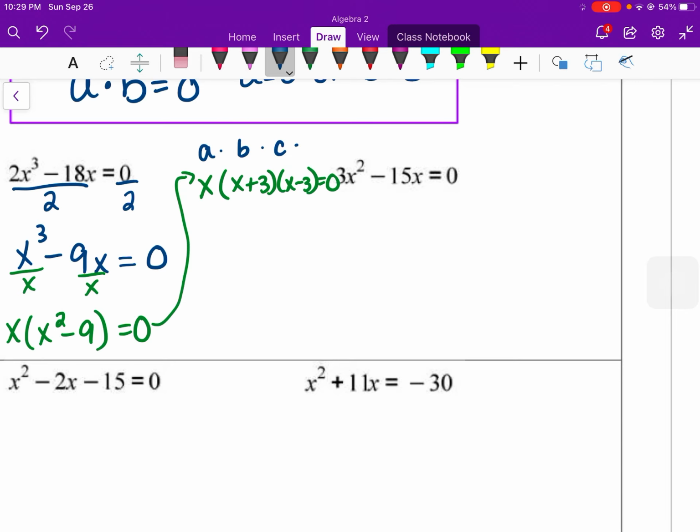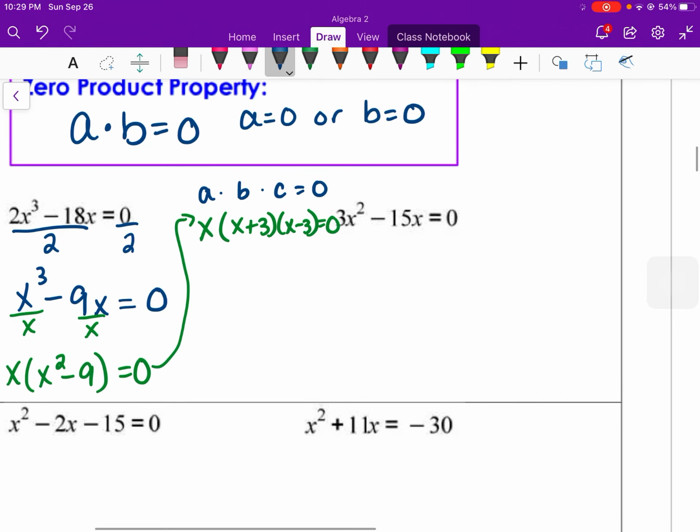So now we have an a times a b times a c equals 0. So the zero product property says, well, one of these has to be 0. So either x equals 0, or x plus 3 equals 0, or x minus 3 equals 0. So anything times 0 is 0. So if any of these factors equals 0, then the whole thing would equal 0.